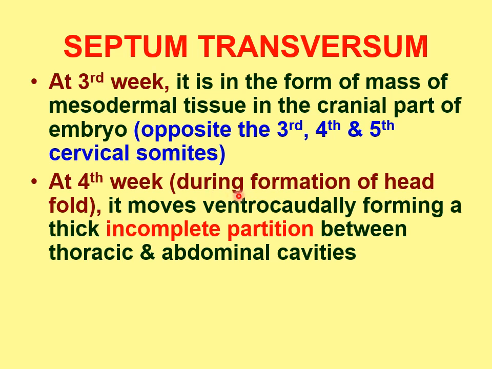So at the fourth week, when there is the cephalocaudal folding, at that time of the folding, it moves ventrocaudally. It comes to lie ventrally and at a lower level against the somite level because of the head folding of the embryo, and then it forms an incomplete partition between thoracic and abdominal cavities, because you have seen that on each side of the esophagus there are the pericardio-peritoneal canals.